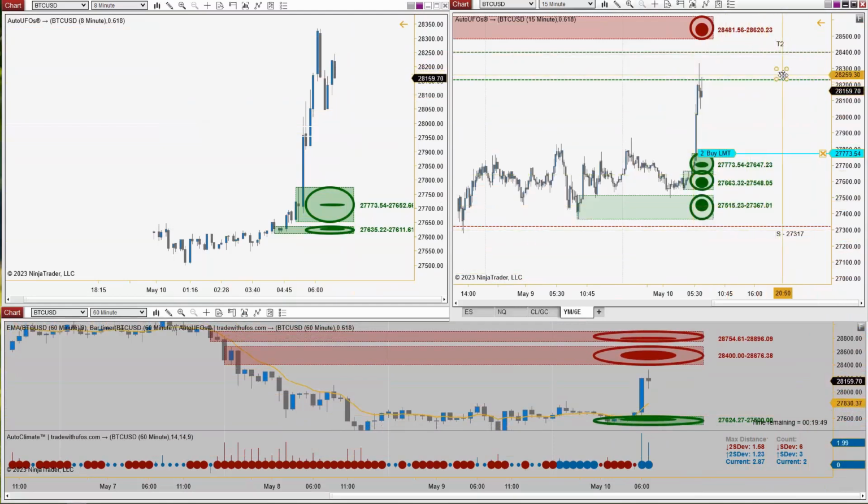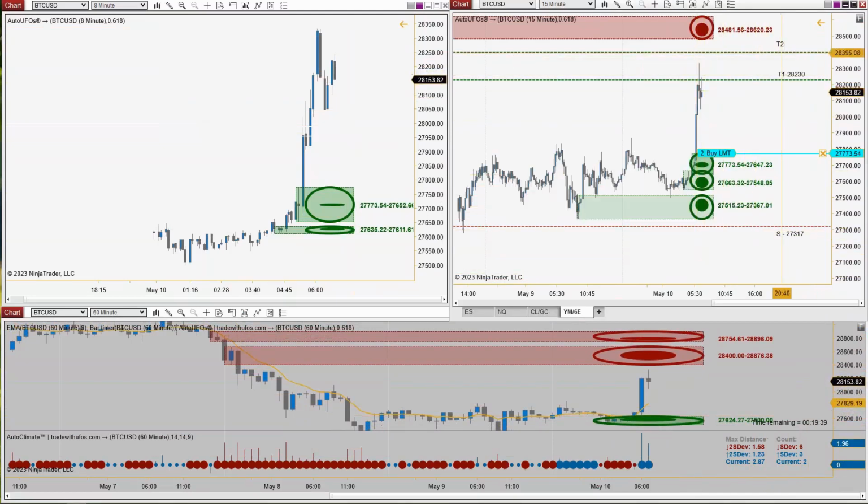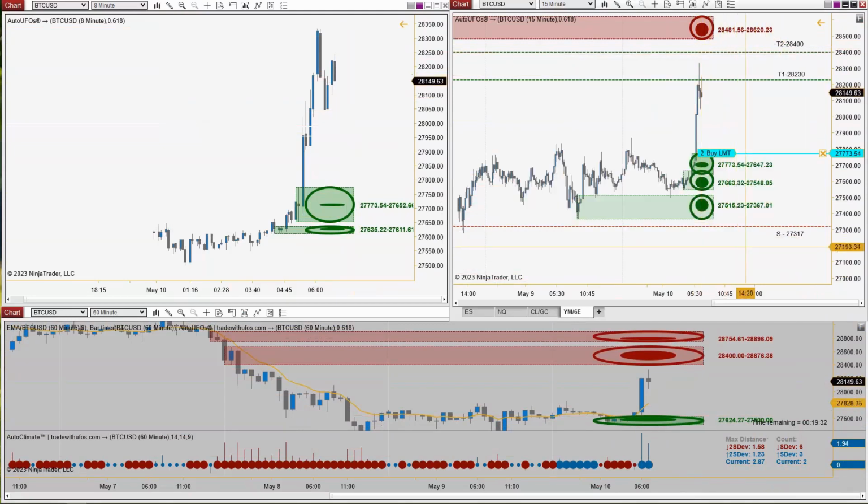And our T1 is at 28,230. And our T2 is at 28,400. All right. Now, that's the overall setup for this trade. We already have the trade placed. Everything is looking pretty good.